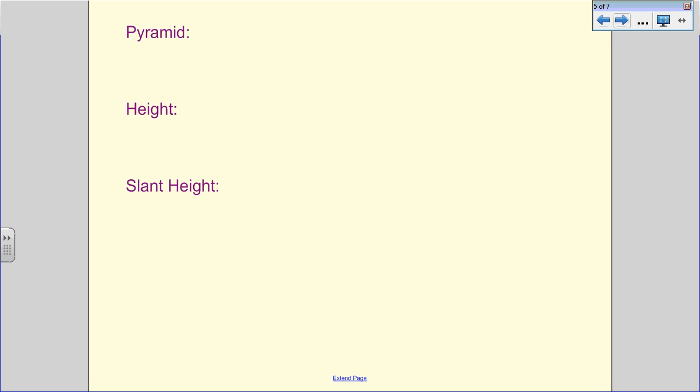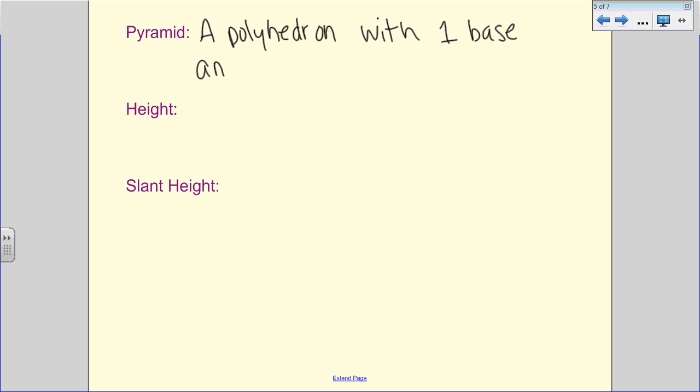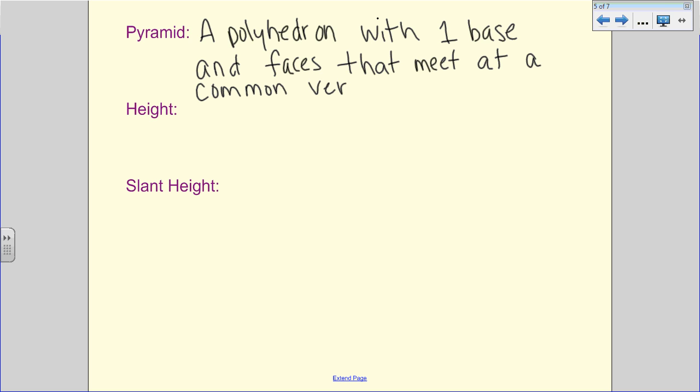If we take a look at a pyramid, a pyramid is a polyhedron with one base and faces that meet at a common vertex. Alright, and so that's that point that we see at the top.